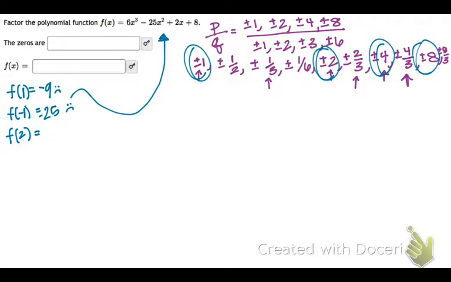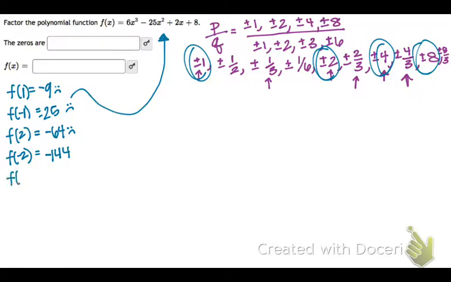Didn't make that much of a difference. But 6 times 2 cubed minus 25 times 2 squared plus 2 times 2 plus 8 is negative 64. This is honestly like the longest part of these problems. So 6 times negative 2 cubed minus 25 times negative 2 squared plus 2 times negative 2 plus 8 is negative 144.